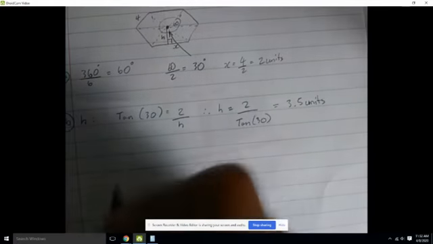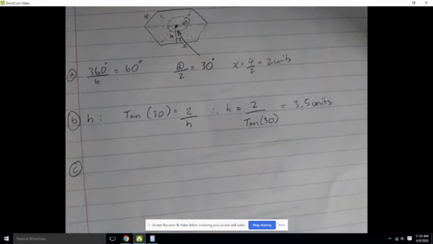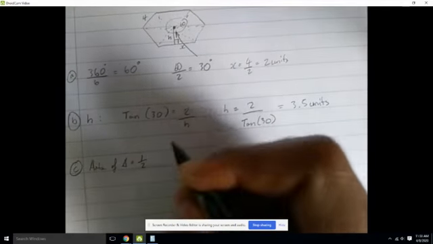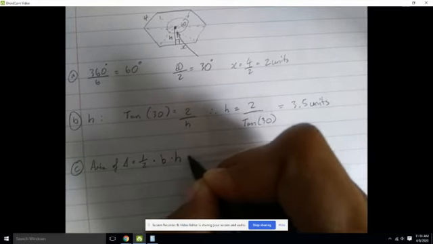Now to do our part C, it says to find the area of a triangle. So area of a triangle is half times the base times the height.